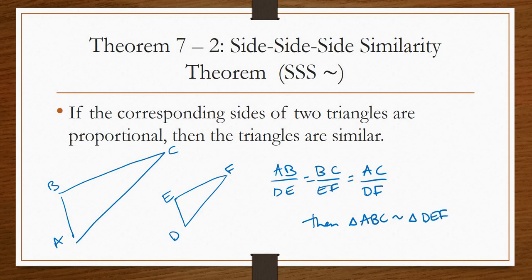So let's try one or two of these. I think we're just going to do one because this is pretty similar to what we did yesterday. So let's say I have this triangle, and I'm going to put a triangle inside of it.